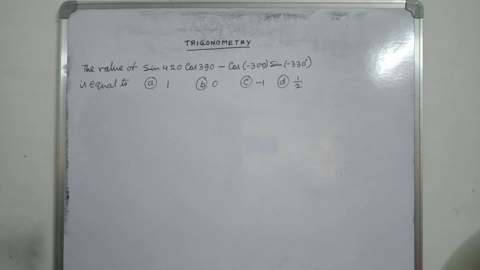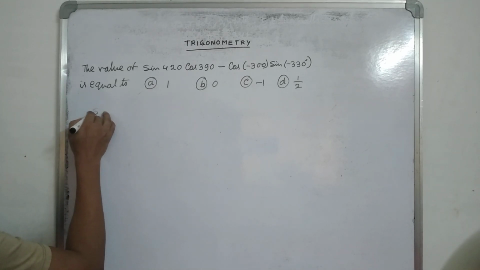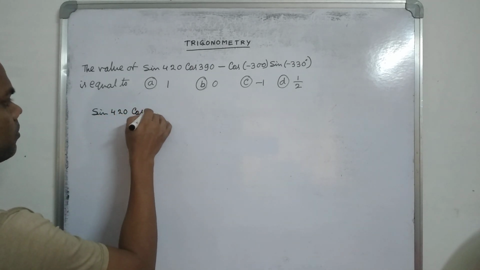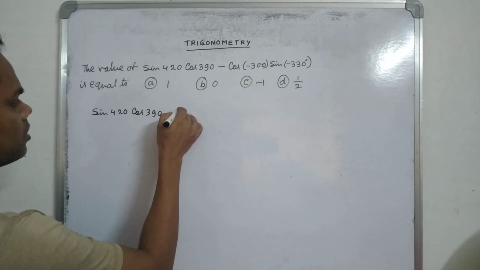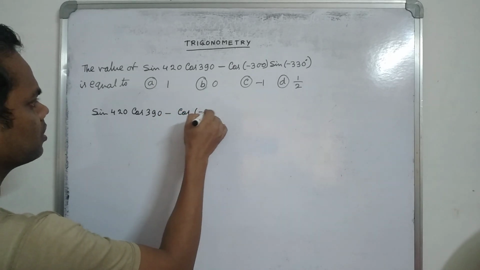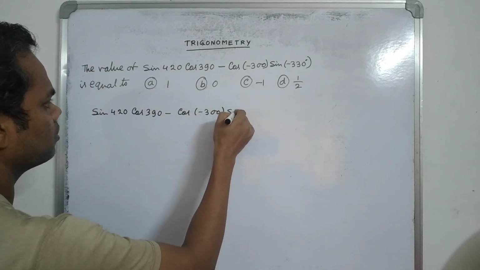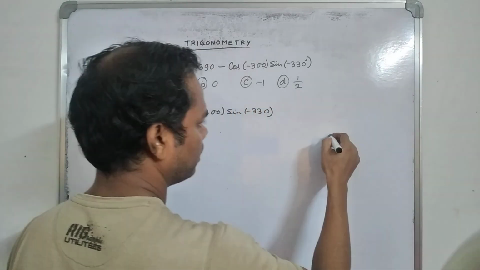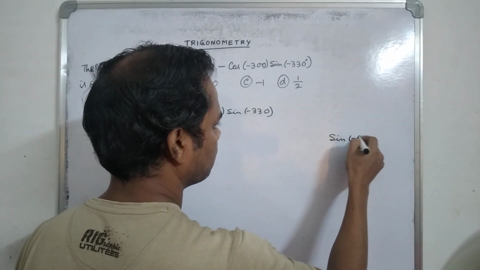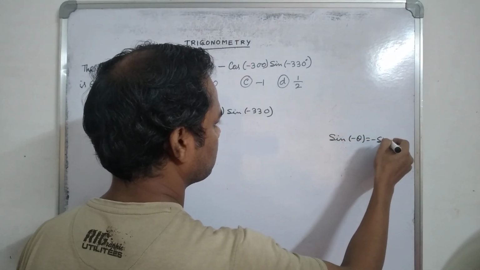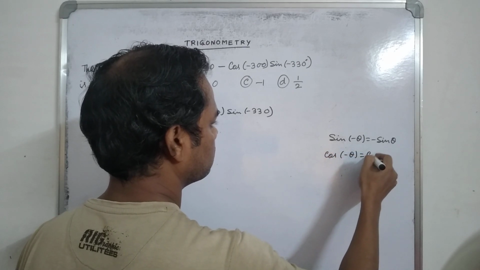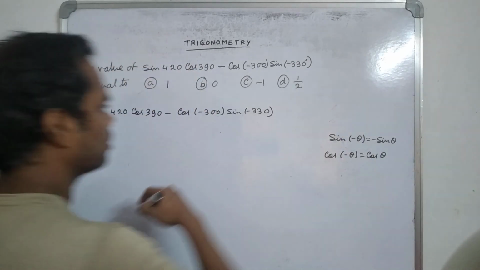So sin 420 cos 390 minus of cos(-300) sin(-330). Now you see that sin of minus theta is equal to minus sin theta and cos of minus theta is equal to cos theta.